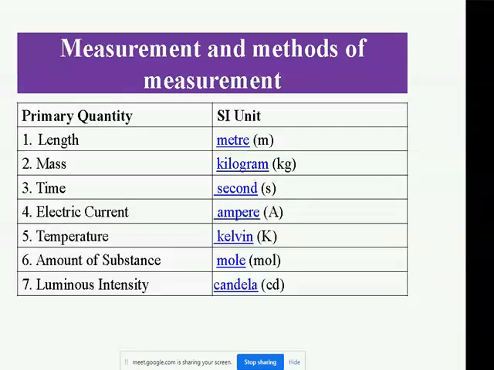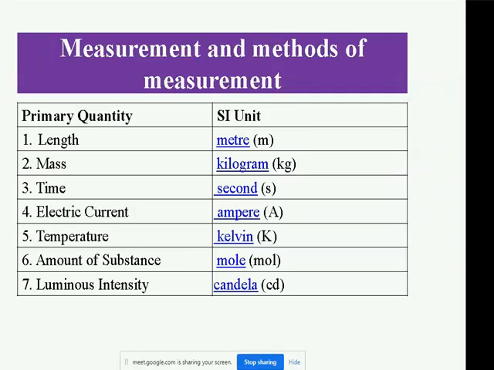So here we have various primary units. We know physical quantities are of two types, scalar and vector, and there are some primary units as well as some derived units. There are 7 primary units: length, mass, time, electric current, temperature, amount of substance, and luminous intensity.